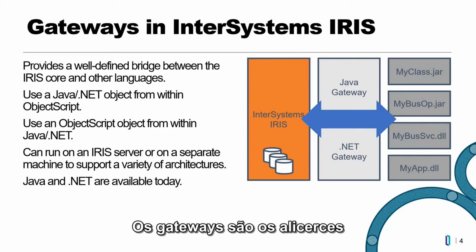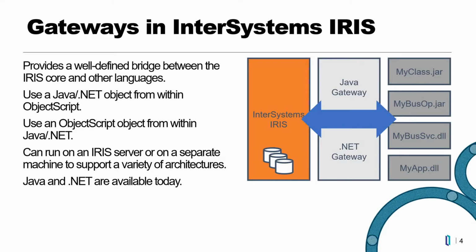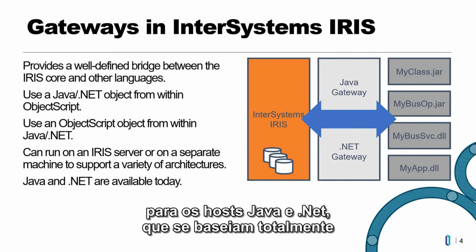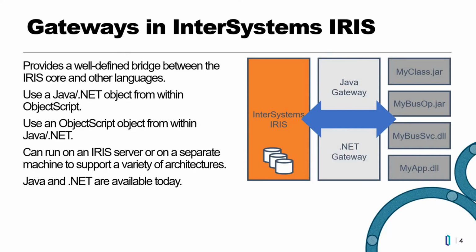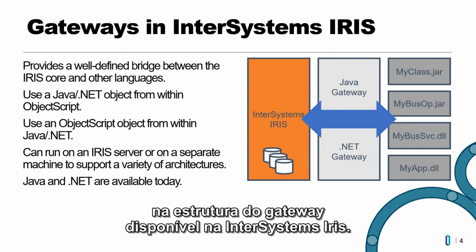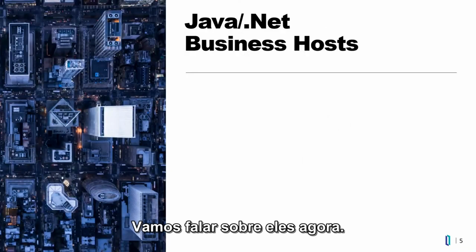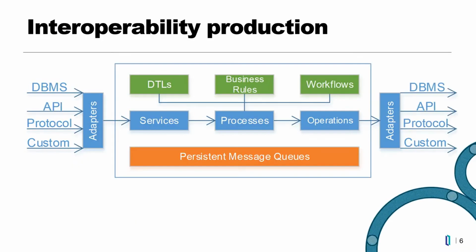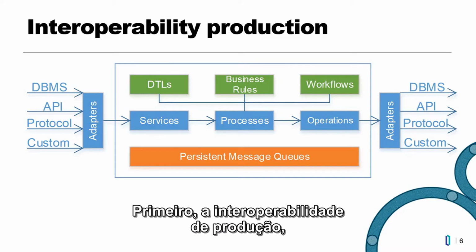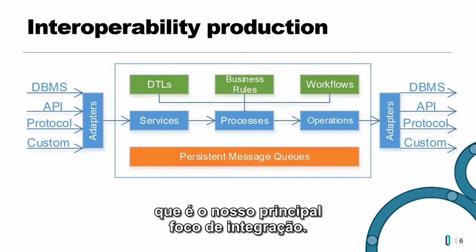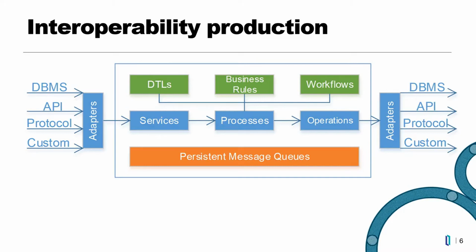Gateways are a foundation for Java and .NET business hosts, and they are entirely based on the gateway infrastructure available in InterSystems IRIS. Let's move to them. But first of all, interoperability productions, which is our main integration offering.